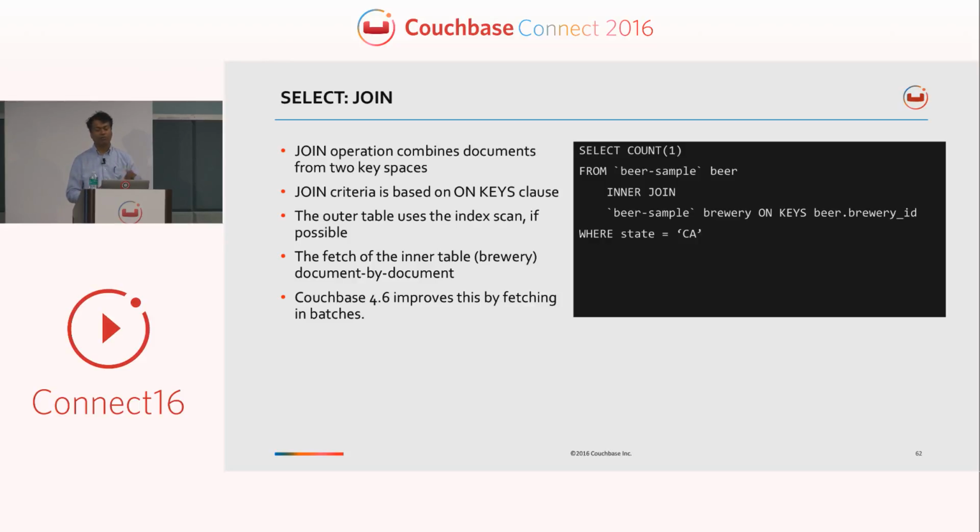We get one document from beer sample and go try to find a brewery with a matching document ID. It goes through the whole code path to get one document and waits for the other document to be fetched. It can get slow if you have a large number of documents. In 4.6, we have improved this by batching the fetch on the inner side, but it still can be improved dramatically.